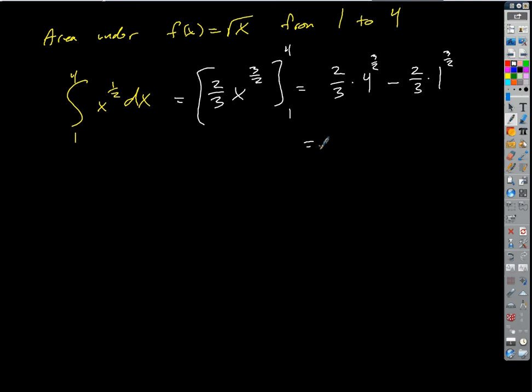Well, what is 4 to the 3/2? That's just 4 to the 1/2 cubed. 4 to the 1/2 is 2, the square root of 4. Cubed is 8. 8 times 2/3 is 16/3, minus, what's 1 to the 3/2? 1. So it's going to be minus 2/3. So we end up with 14/3.